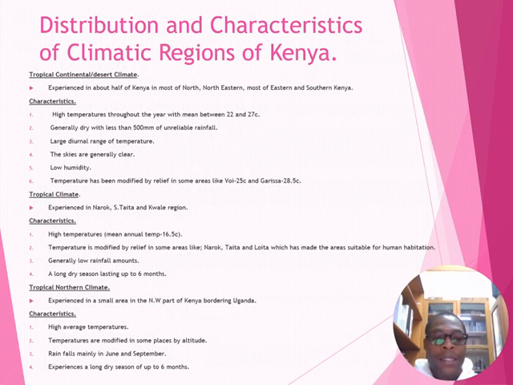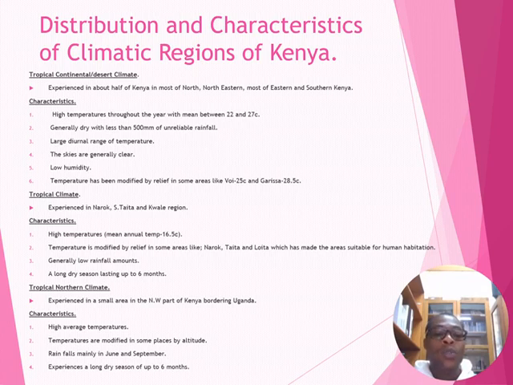The following are characteristics of tropical northern climate, and these characteristics determine the kind of activity humans can carry out and which crops can grow in that region. First, high average temperatures.